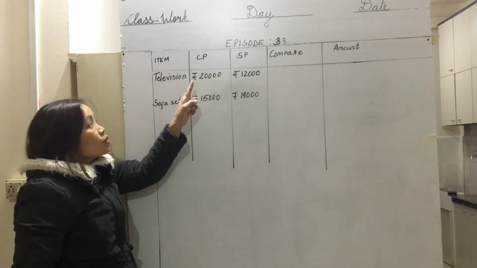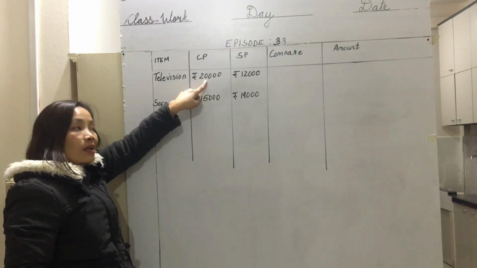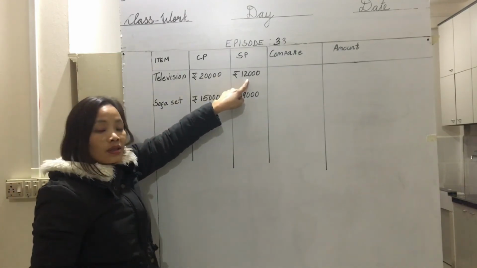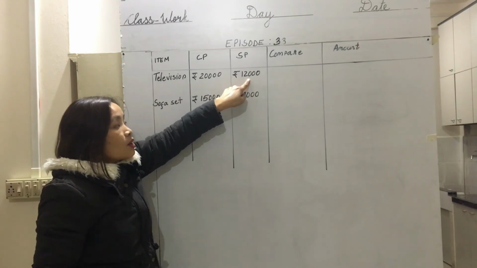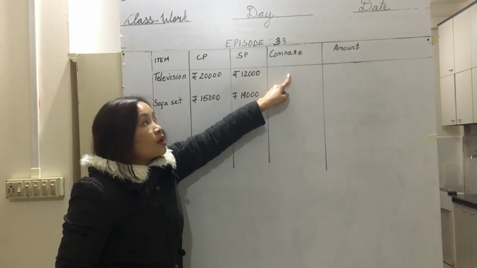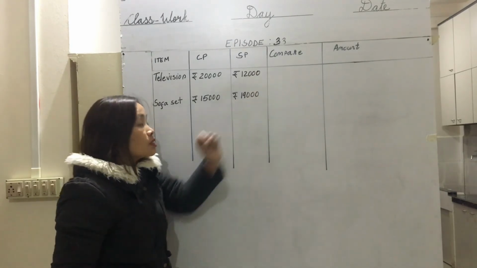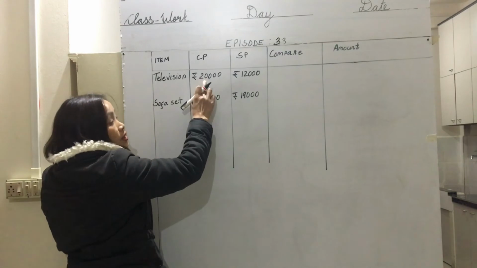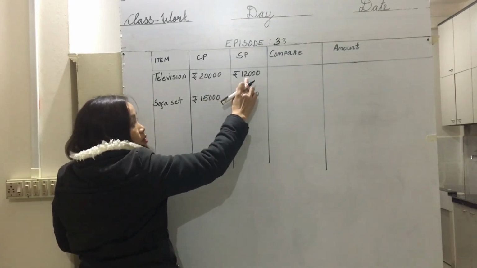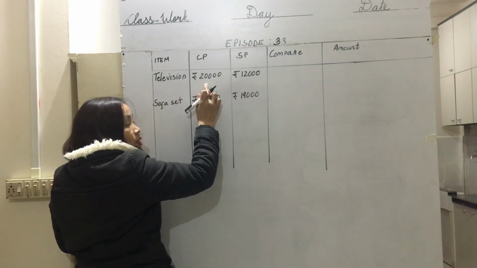So we have television here, 20,000 and 12,000. We are going to compare. Compare means which is bigger. What do we see? Which is bigger, the CP or the SP? Here this is 20,000, this is 12,000. The CP is bigger, right?